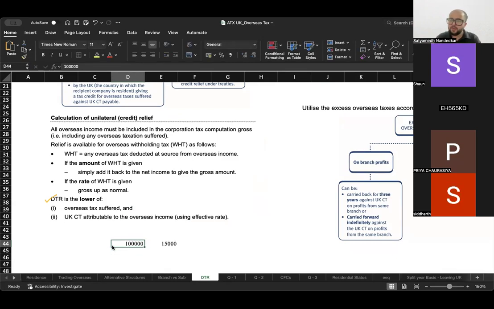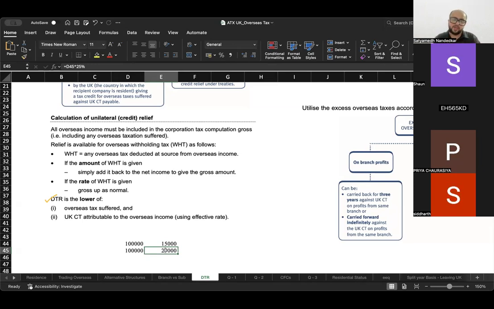Now, the government of the United Kingdom, HMRC, is also going to say that we also have a right to levy tax on this. So in the UK, the tax liability at the rate of 25% is how much? 25,000. Now, if you say this to the company, listen, you paid 15,000 there, in UK you pay another 25,000, total tax 40,000, they will say we should not do overseas business at all.